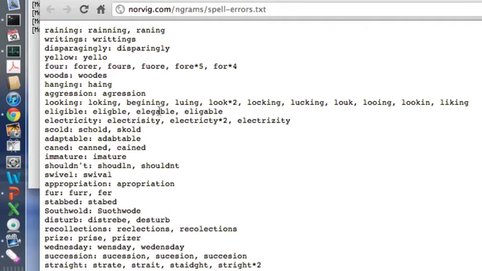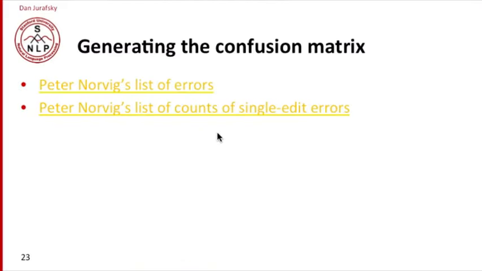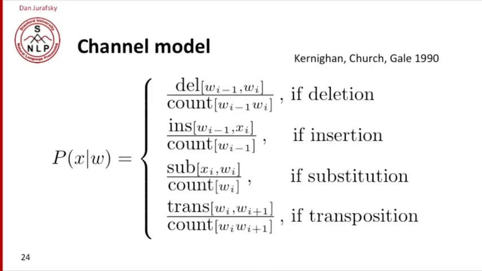And from a set of errors like this, so here are misspellings of adaptable, or immature with only one M, and so on. So various kinds of likely misspellings. And from this list of errors, we can get a list of counts for every possible single edit error of how often it happens. And from that we build our little confusion matrix. And then from the confusion matrix, we can generate probabilities.